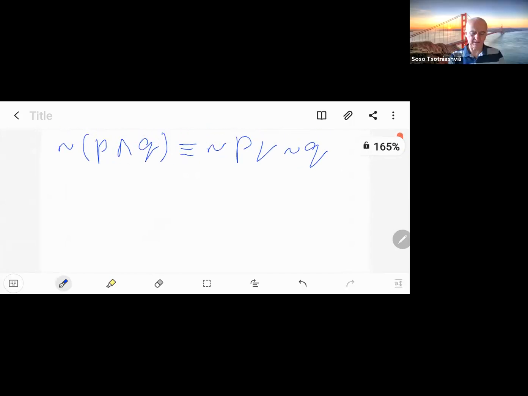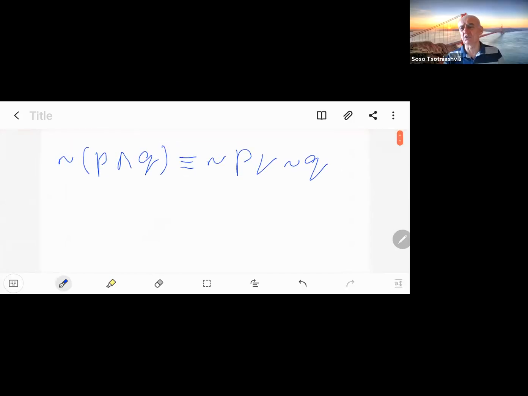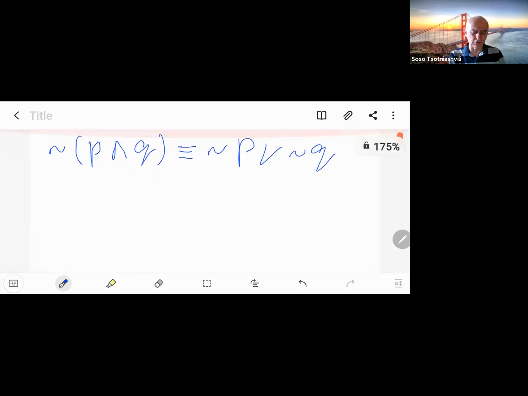They are equivalent? Yes, absolutely. It's called De Morgan's rule, and it's one of the important ones, and I want to recommend you to remember it very well.